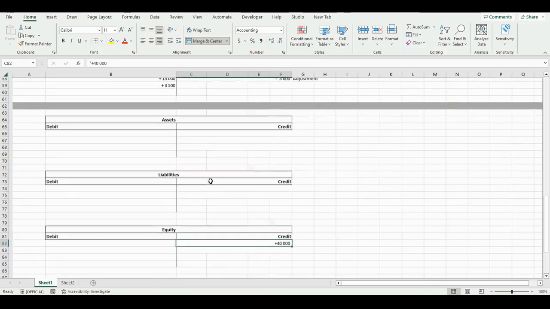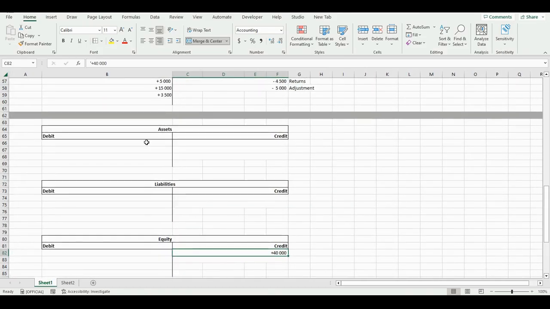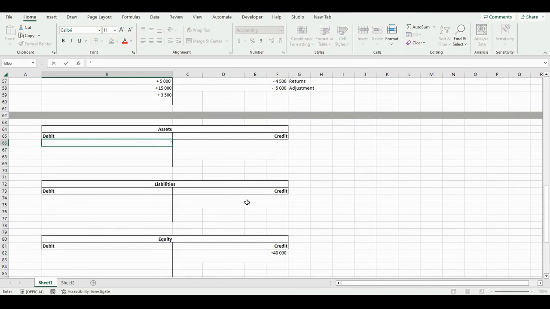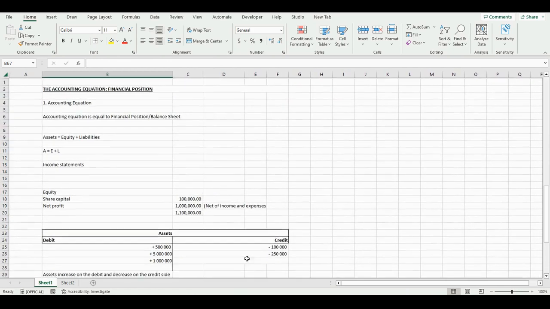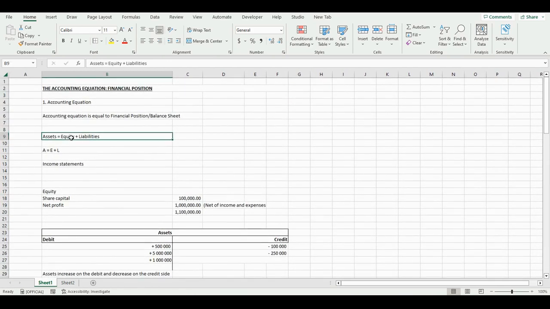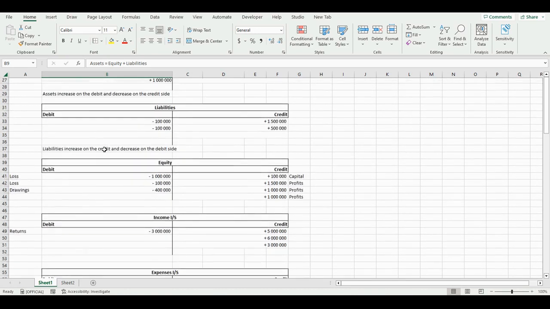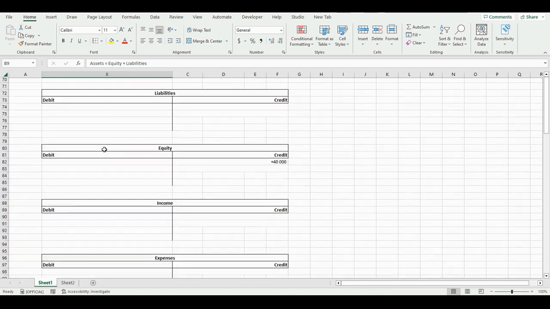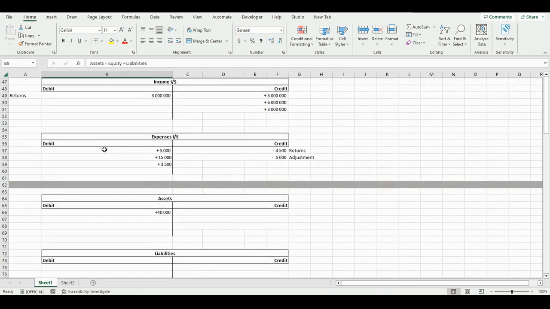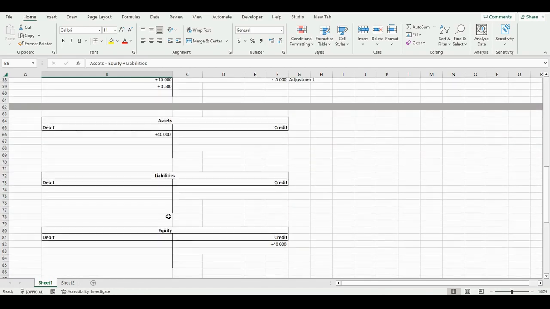Because it's an asset, and we know that assets go up on the debit side, it goes up here. You're done. What we've done here is exactly the same as what's going to come in here. So you'd have a plus on the assets, and then you'll also have a plus on your equity. You're done. You're moving on to the next transaction.